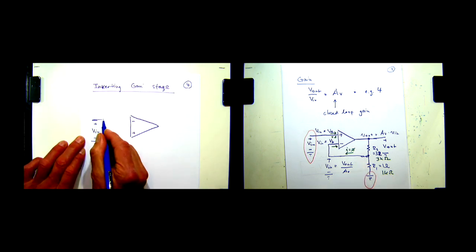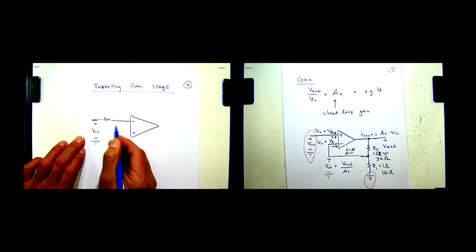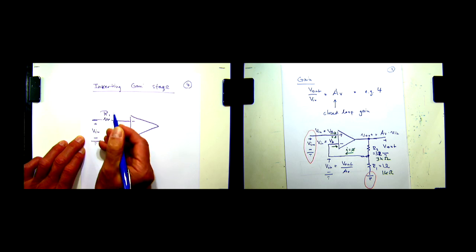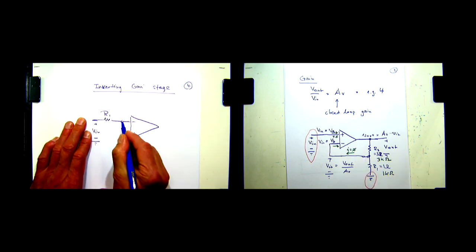And apparently it's connected to the negative terminal of the operational amplifier through this resistor R1. Okay? We're just redrawing the circuit. There's nothing new. You have everything on this page. And then there is this resistor R2 that goes between the output and the negative terminal of the op-amp. So let's put R2.